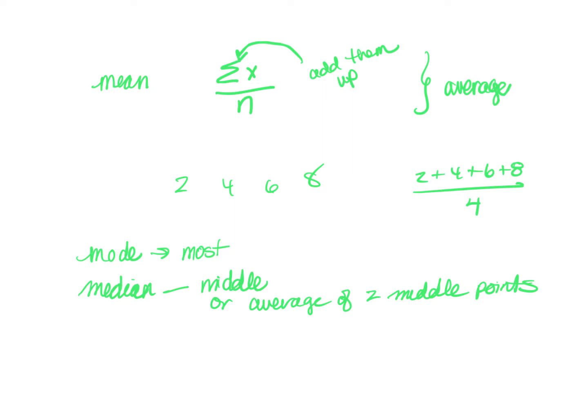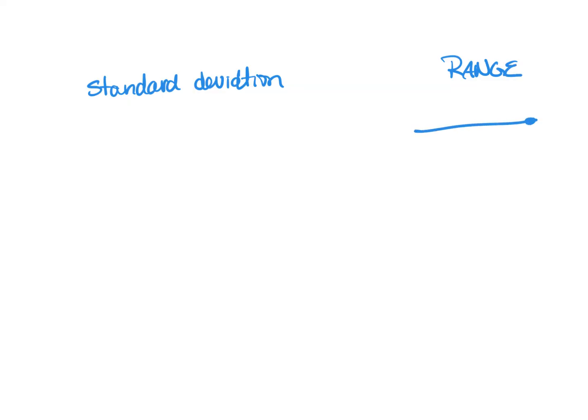So these are our measures of descriptive statistics. We also talk in this chapter about our standard deviation, and this is a super important concept. In the past we had things like the range to describe the spread of a set.